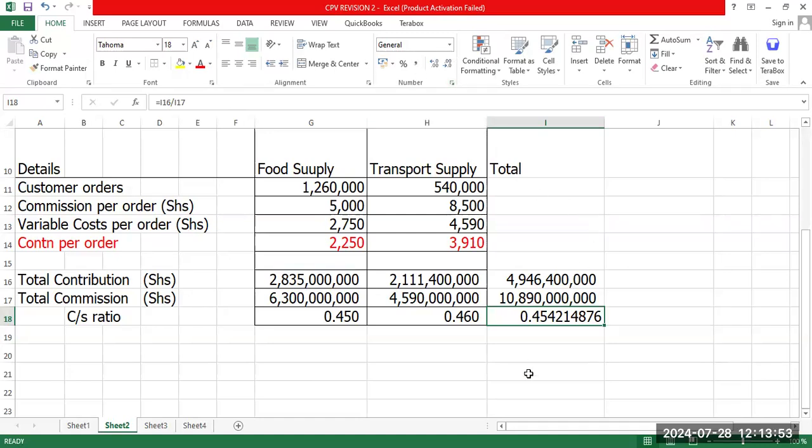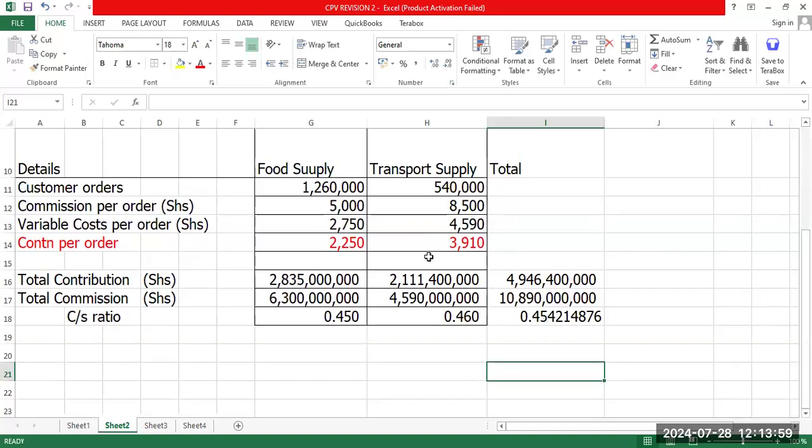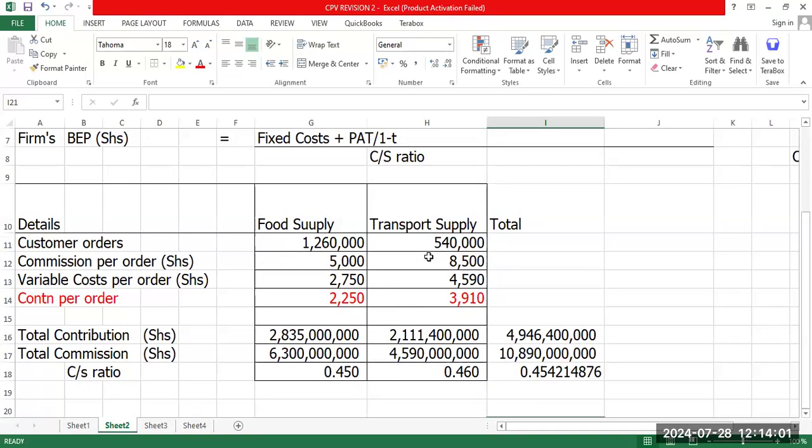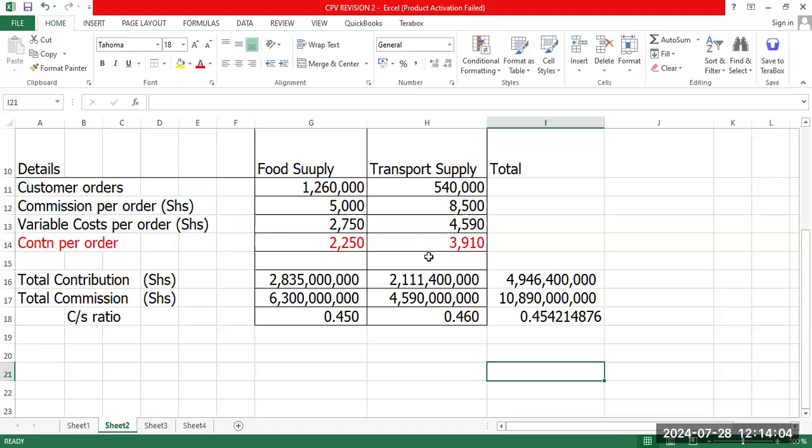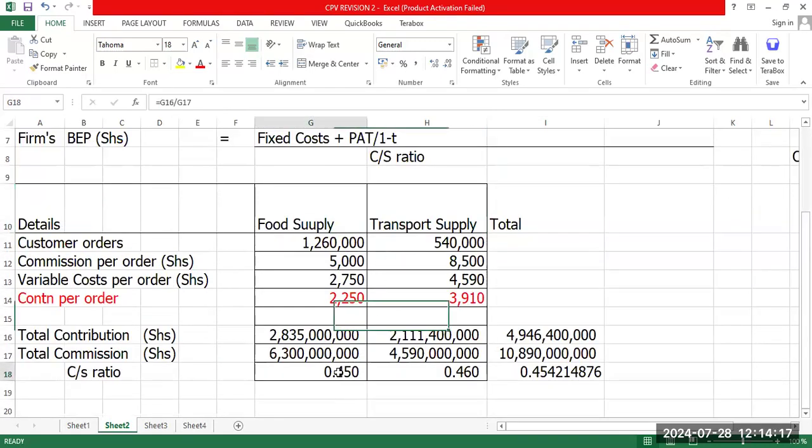When you're dealing with this contribution to sales ratio, you need to be very accurate. Otherwise, at the end, you can get wrong things. We normally take the overall one.